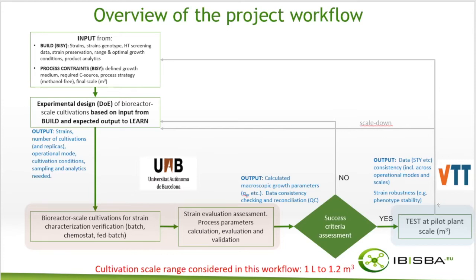Then VTT did the second part of the project, testing at pilot scale, where they ran cultivations at 1.2 cubic meters using the conditions selected at lab scale, and they validated what we had selected at lab scale.